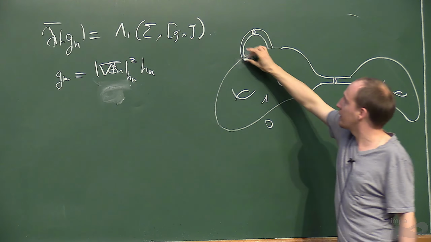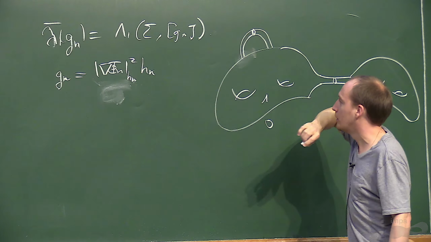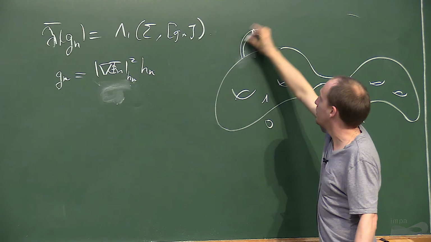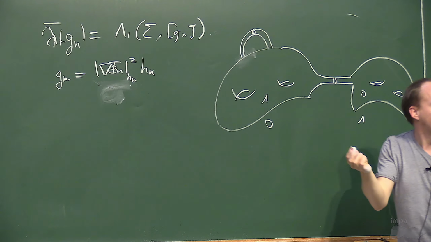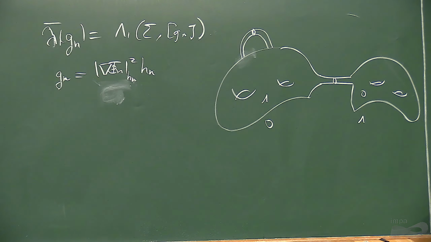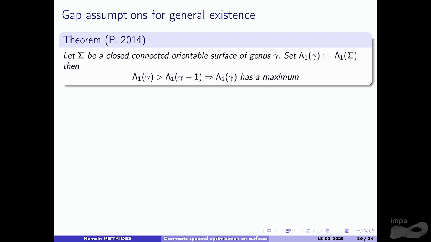So the only collar that can happen in your description of a sequence of hyperbolic metrics is this kind of loss of handle. So you lose topology, and this means that lambda 1 converges to the lambda 1 of lower topologies. But if you assume that the supremum over topology associated to gamma is bigger than the one associated to gamma minus 1, it's okay.